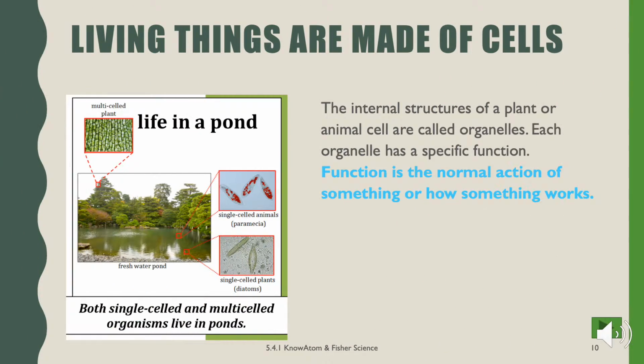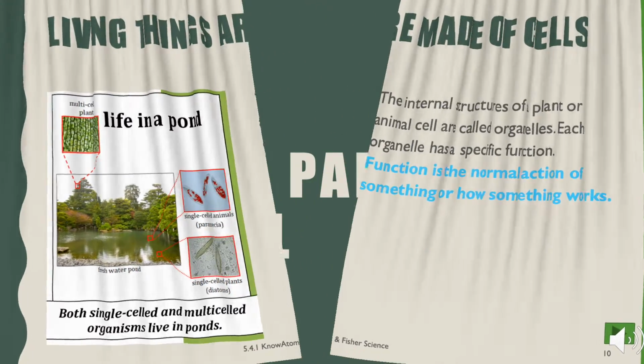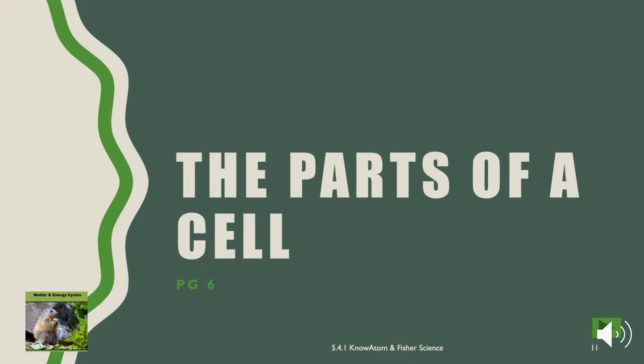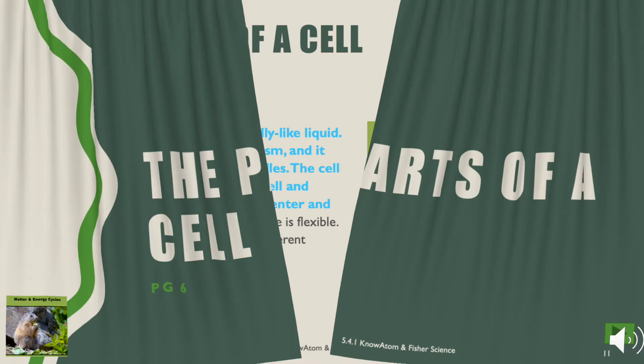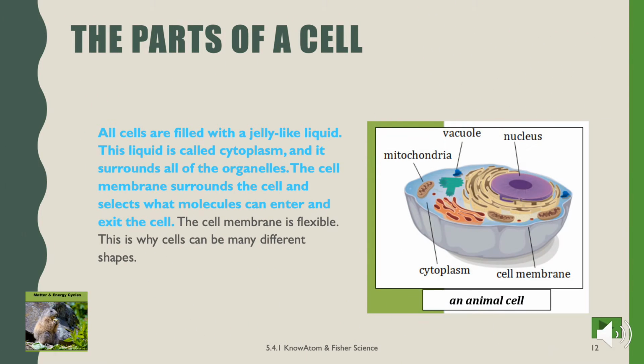The internal structures of animal and plant cells are called organelles, and each one of those has a specific function, just like our heart has a specific function, and our livers and our kidneys. So now we're going to talk about each of those parts of the cell. So all cells are filled with a jelly-like liquid, which is called cytoplasm.